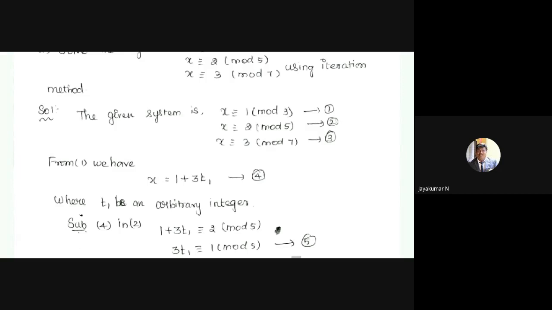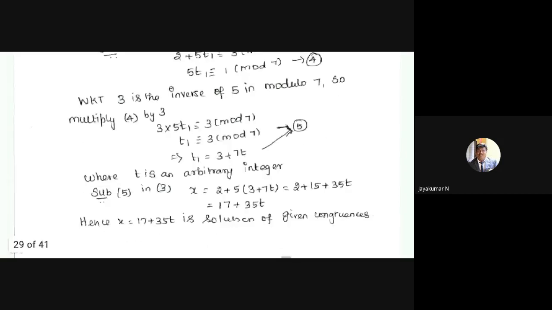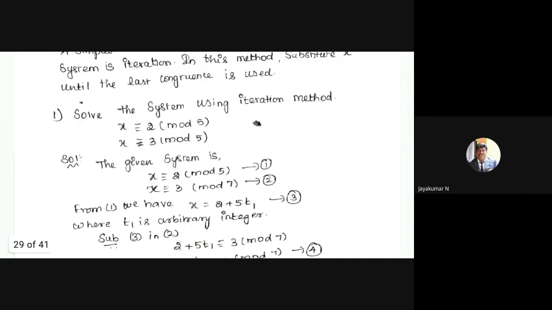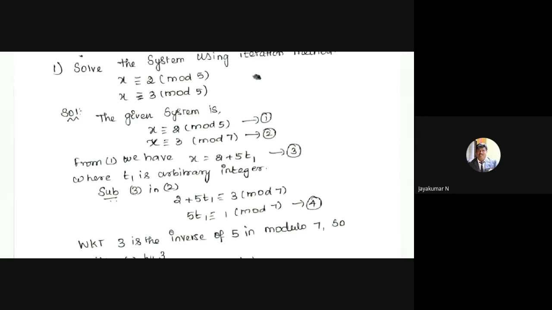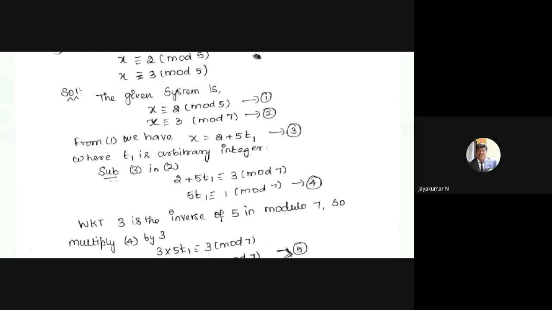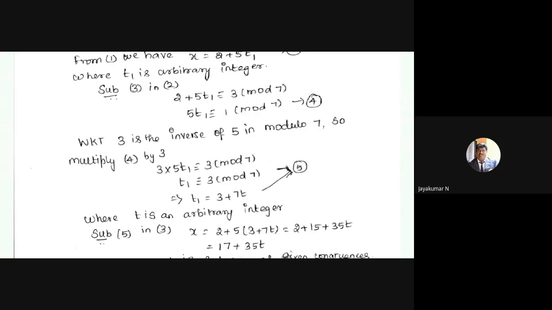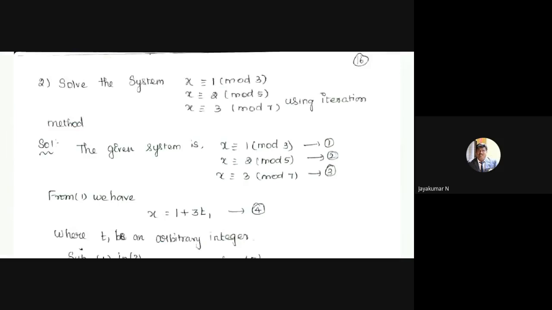Now compare with the last problem. For the first problem, they have given two linear congruences. When the first linear congruence was written as a linear equation, t1 was introduced, and again t1 was written in terms of t. Here, in this problem, they have given three linear congruences.